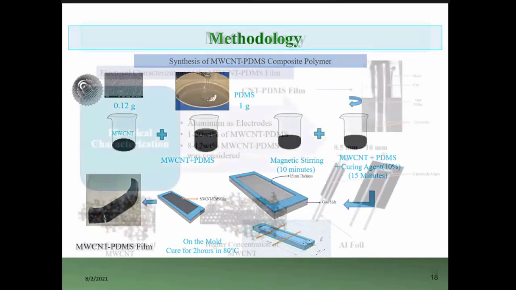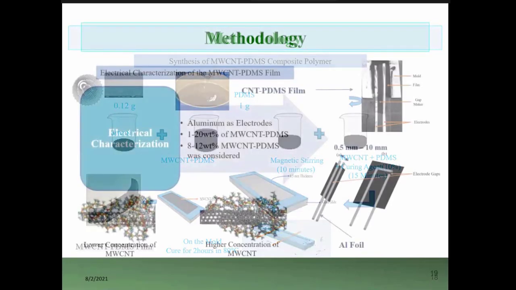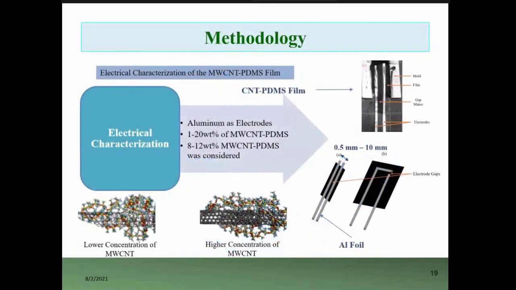After the fabrication, the film was characterized electrically. Aluminum was used as the electrode, and different concentrations of carbon nanotube inside PDMS, from 1 to 20 weight percent, were fabricated.